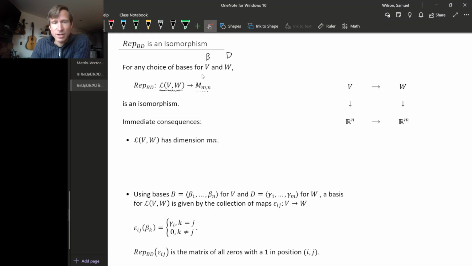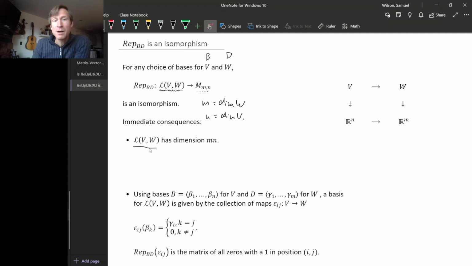Here we're assuming that little m is the dimension of W and little n is the dimension of V. For one thing, it tells us the dimension of this space of linear maps. It would be hard to know this dimension just by thinking about linear maps from V to W, because who knows how many linear maps there are?